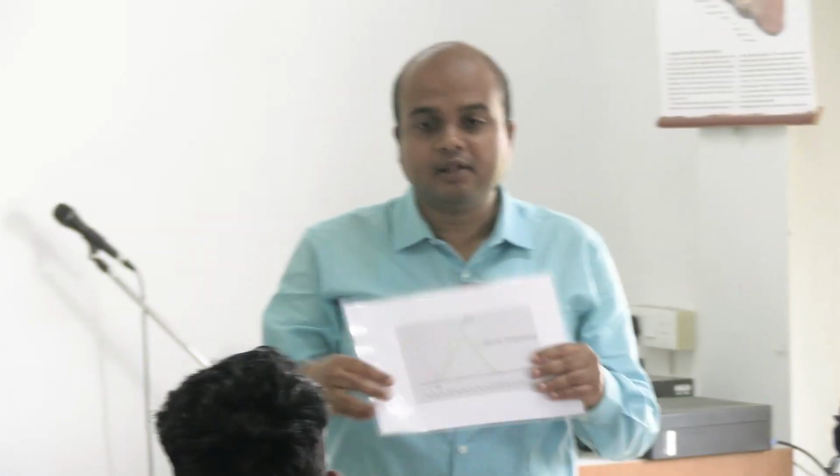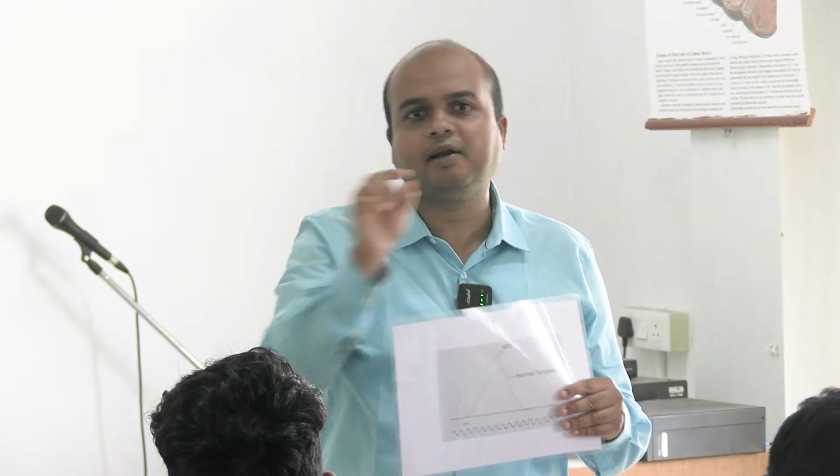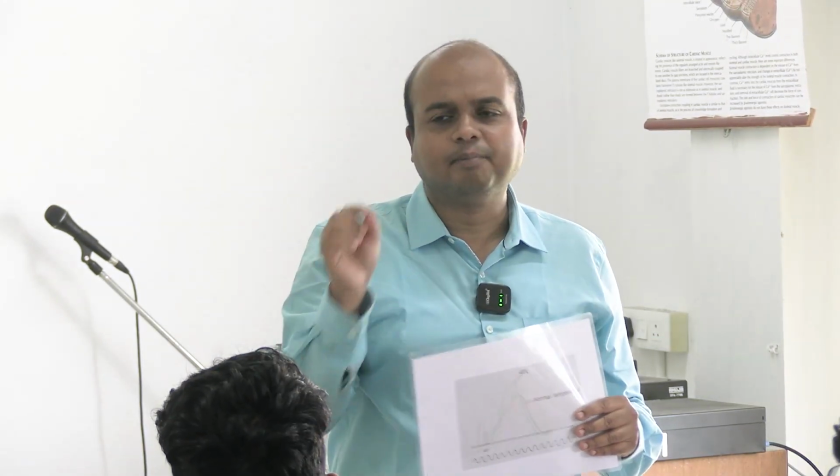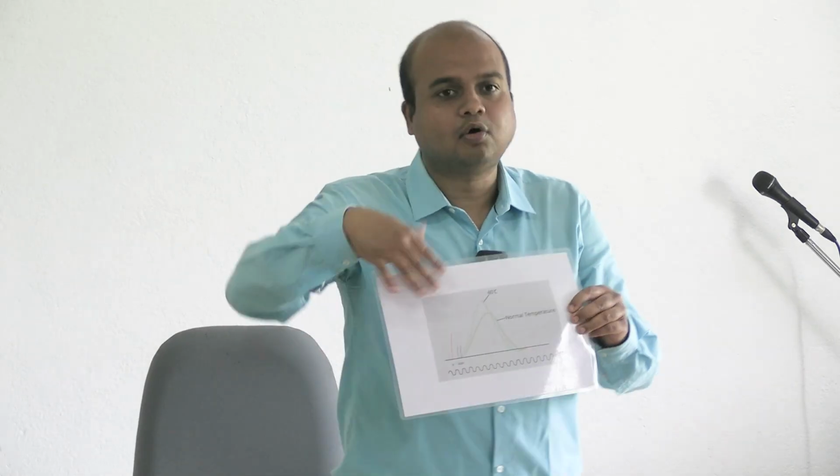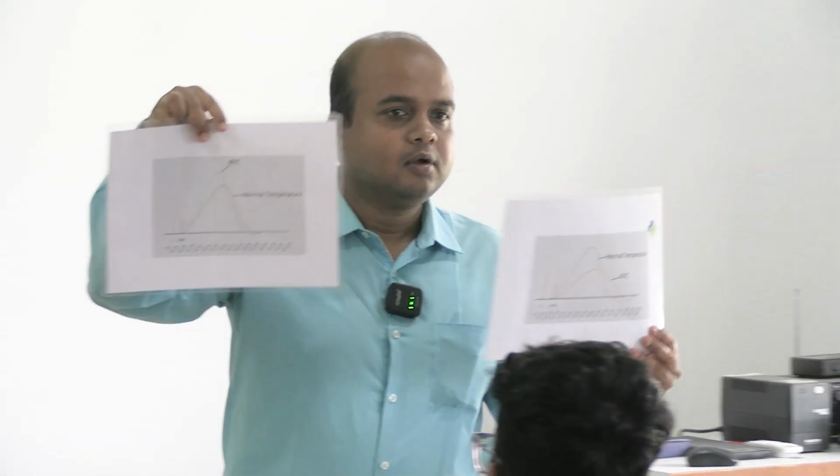So instead of B there will be three latent periods, designated as B1, B2, B3. Which is the shortest? The shortest latent period is at higher temperature, the longest latent period is at cooler temperature, and the one in between is at normal room temperature. So these can all be combined in the same diagram.